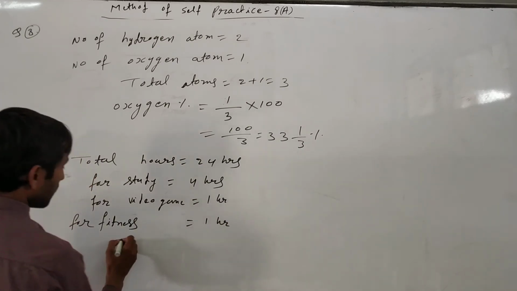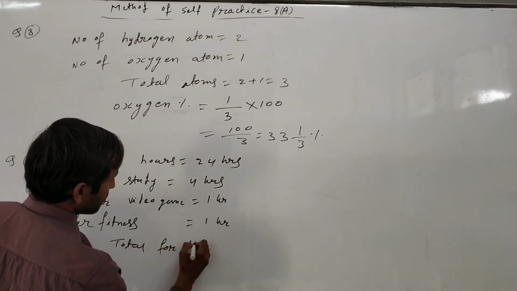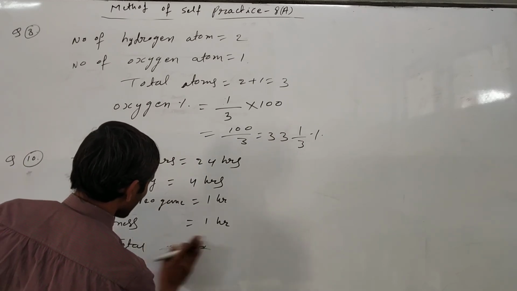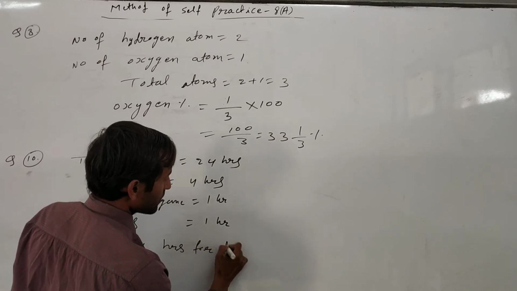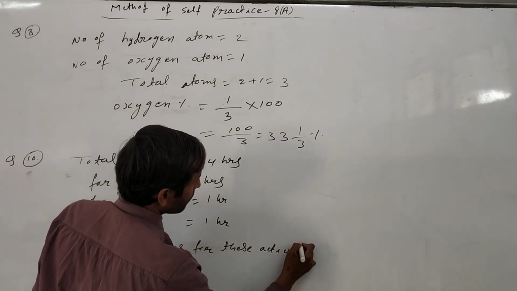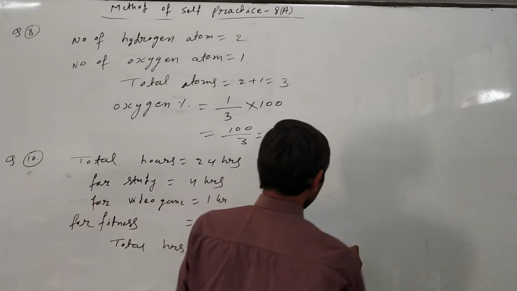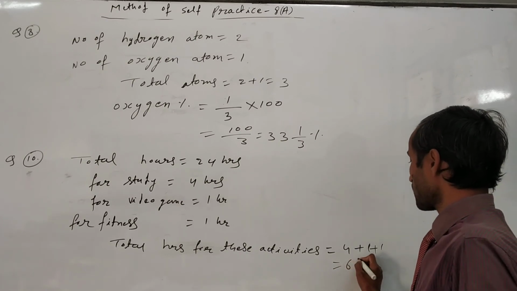So total hours for these activities is equal to 4 plus 1 plus 1, it will come 6 hours.